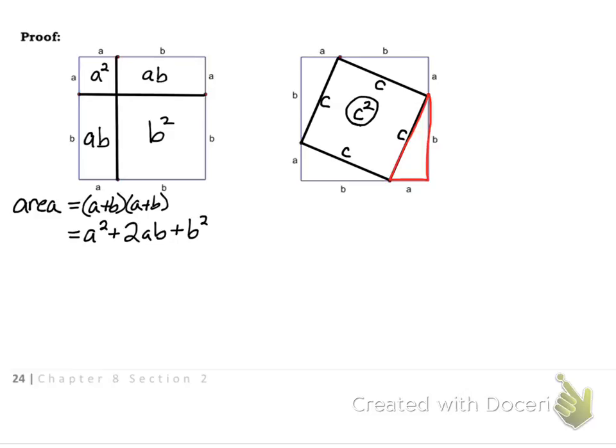So now all I have to do is remember how do I find the area of a triangle? 1/2 base times height. So area of a triangle is 1/2 base times height.